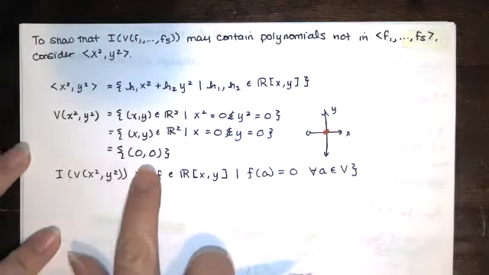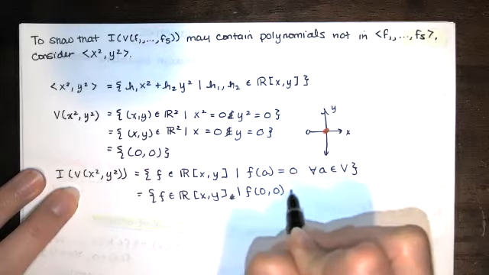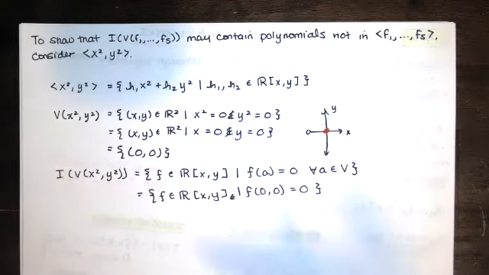So in other words, this is the set of all polynomial functions for which f of (0, 0) is equal to 0. So all the polynomials that are equal to 0 at this point.